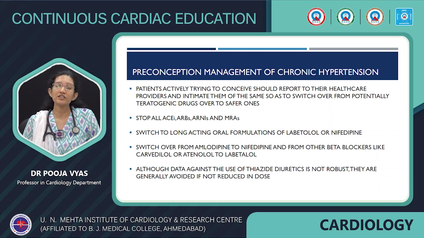And we should switch them to long-acting oral formulations like labetalol or nifedipine, switching from amlodipine to nifedipine and other beta blockers to labetalol. Although data against the use of thiazide diuretics is not robust, we usually avoid them in pregnancy.